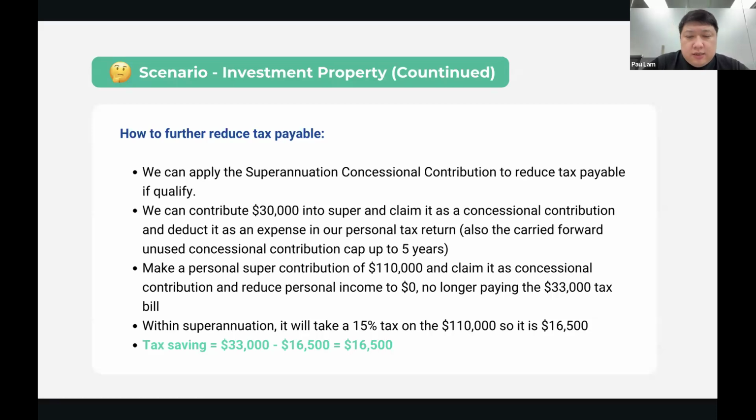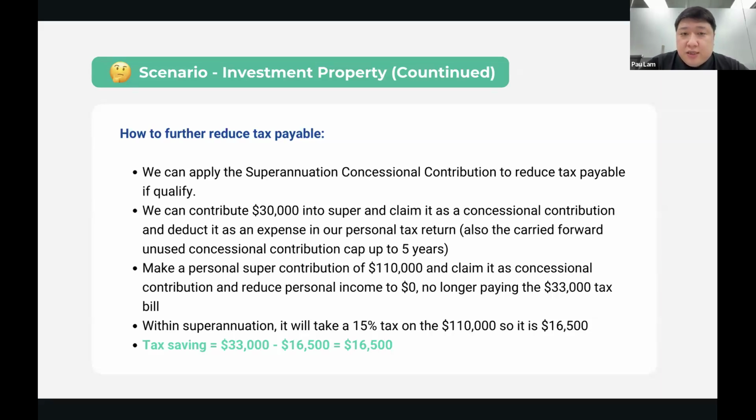Let's use the same example, without applying the super contribution strategy. You have $110,000 income for the year, on which you pay tax of $33,000. But imagine if you put this $110,000 into your super and claim it as a concessional contribution, it will reduce your personal income to zero, which means you're no longer paying $33,000 tax to the government.